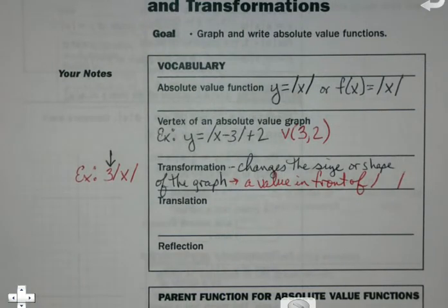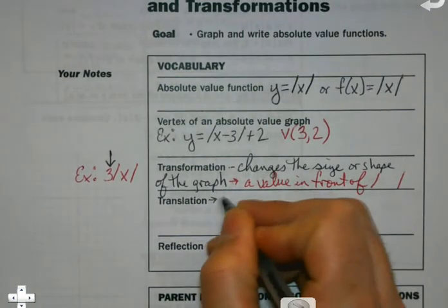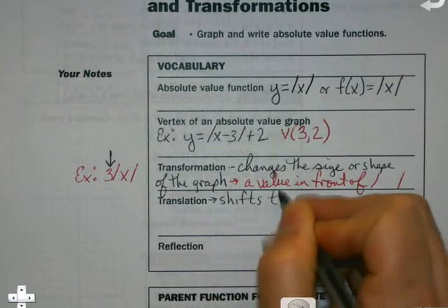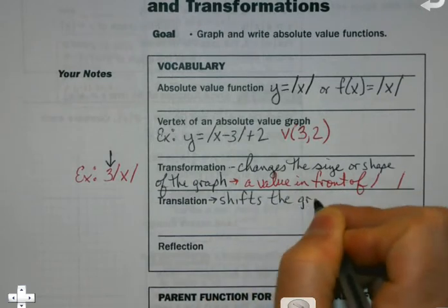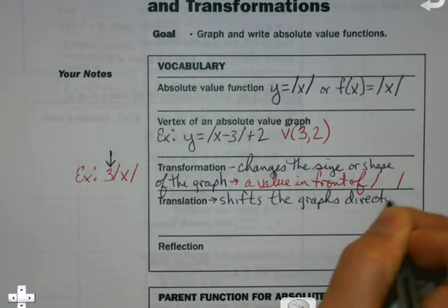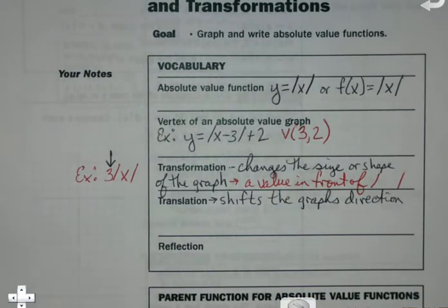A translation shifts the graph's direction. Now that direction may be up, it may be down, it may be left, it may be right. And we'll talk about ways you can tell that too. But where do I figure out what a translation is?